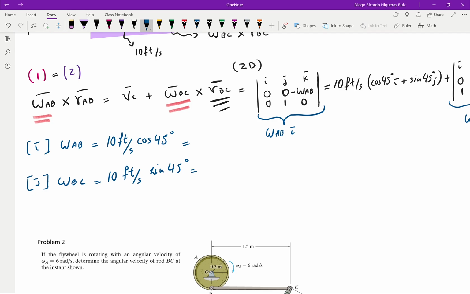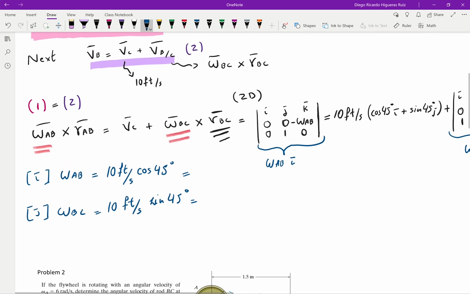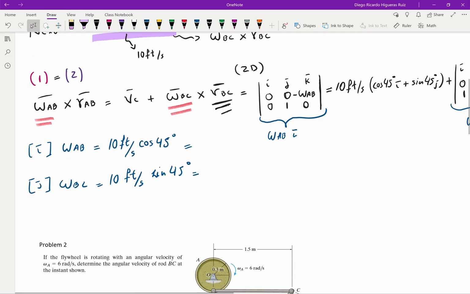Whatever this is, we're gonna have that omega AB is equal to omega BC.